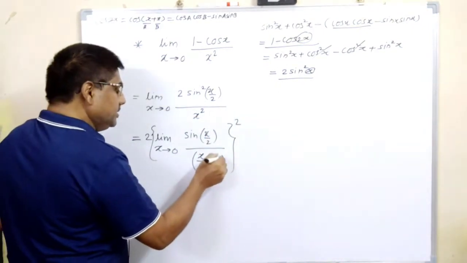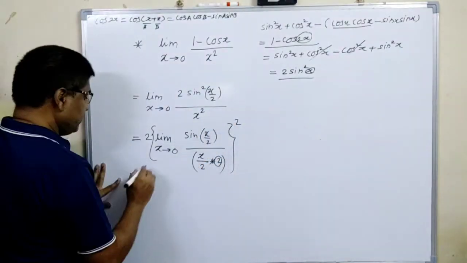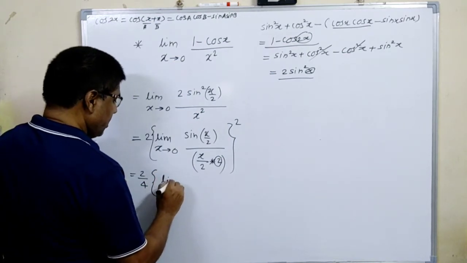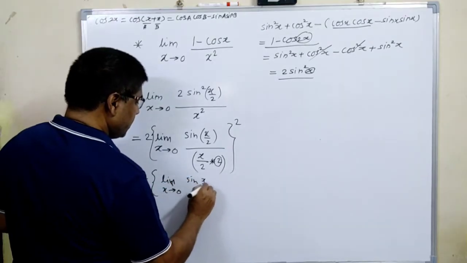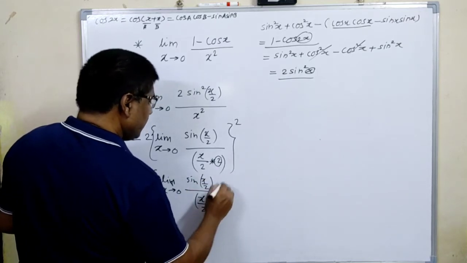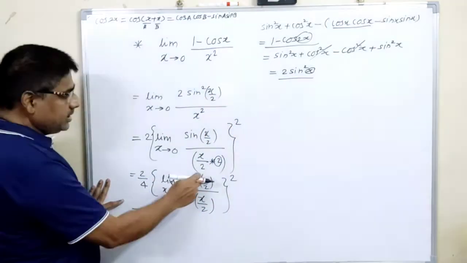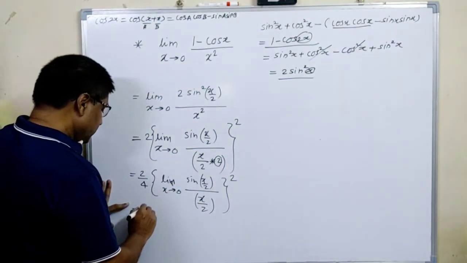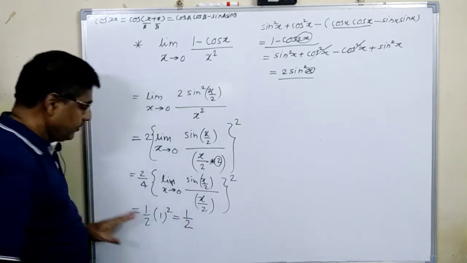If we take this 2 outside, 2 square means 4, and this entire bracket limit x tends to 0 sin x by 2 upon x by 2 square. This entire thing is limit sin theta by theta, theta tends to 0, is 1. Therefore, the final answer is 1 by 2.